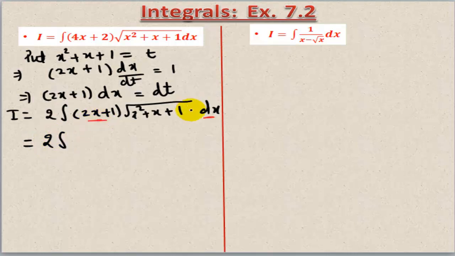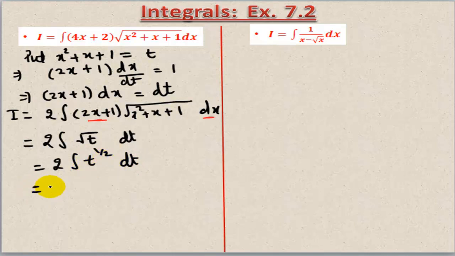So 2x plus 1 into dx is dt and the term under the square root will be substituted or replaced by t. So we have integral of square root of t. We can even write it as integral of t with exponent 1 by 2. So using the formula for integral of x to the power n, it can be integrated and we get t with the exponent 1 by 2 plus 1.